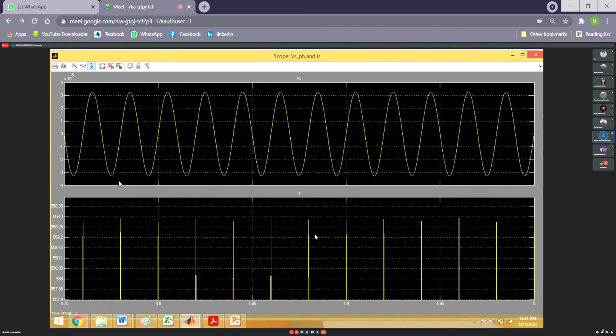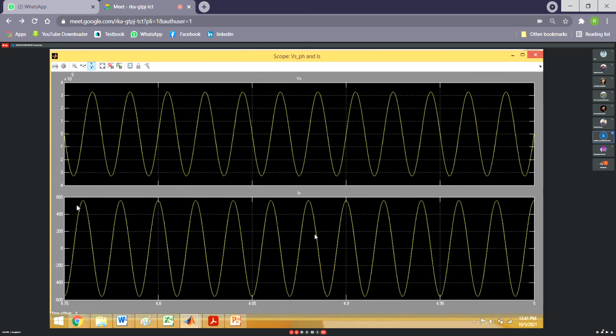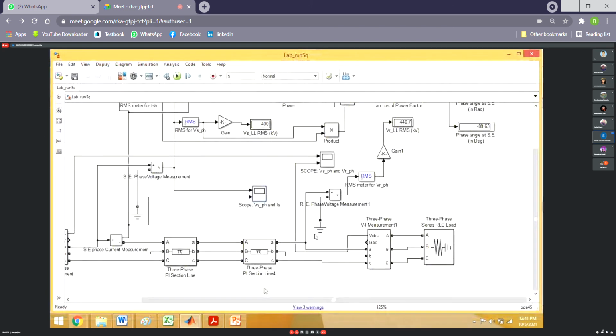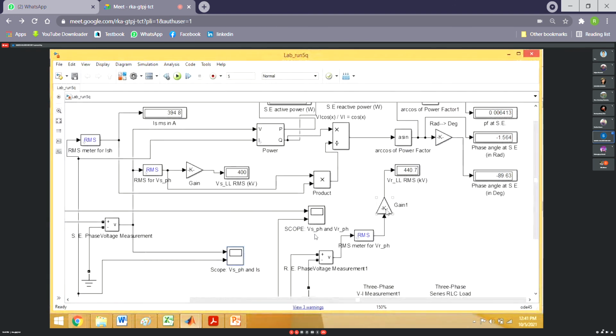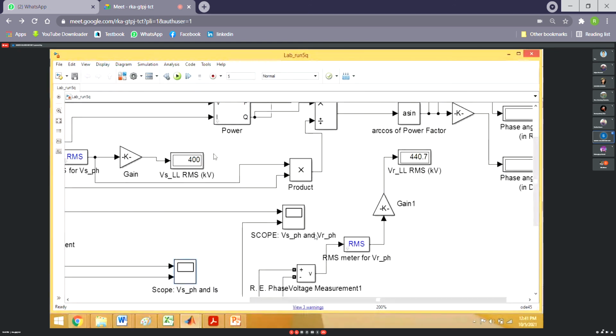I hope you have written 558.25 ampere, and you can observe that current is leading. Now if we measure the RMS quantities, then RMS voltage at sending end is obviously 400 kV and at receiving end is 440.7 kV.